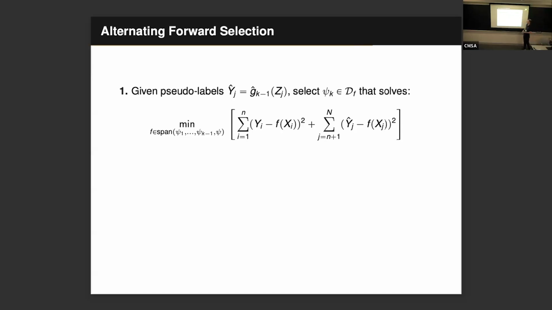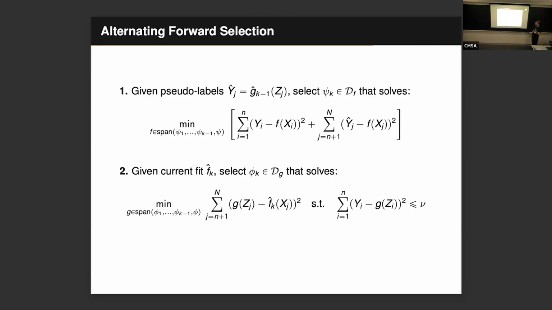In this case, it's the squared error. Okay, and then once I've selected that psi k, I'm going to fit my F by minimizing over the span. And then given a current fit, I'm going to select an atom from my dictionary that solves this for the recalibration stage.